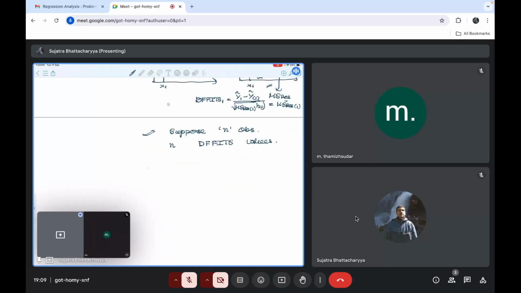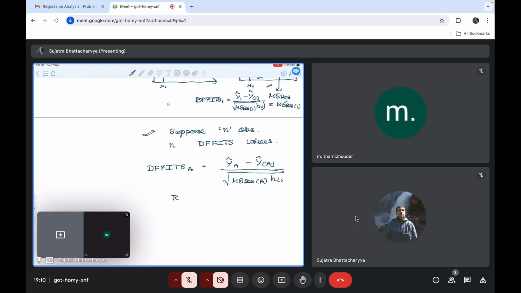In terms of matrix, also we can write. So DF fits, these are different definitions using matrix form: y hat minus y hat bracketed i divided by root over MS residual of bracketed i into h ii. Now, which one is higher?